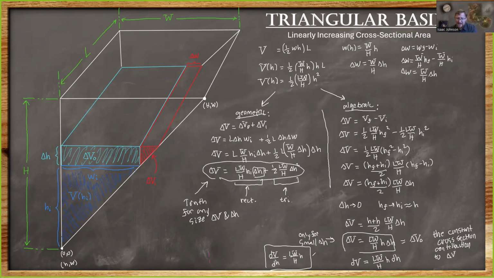And going back to that, this is really length times width over height times height. Width over height times height is width, right? That's this formula up here. So we really have length times width. What's length times width?